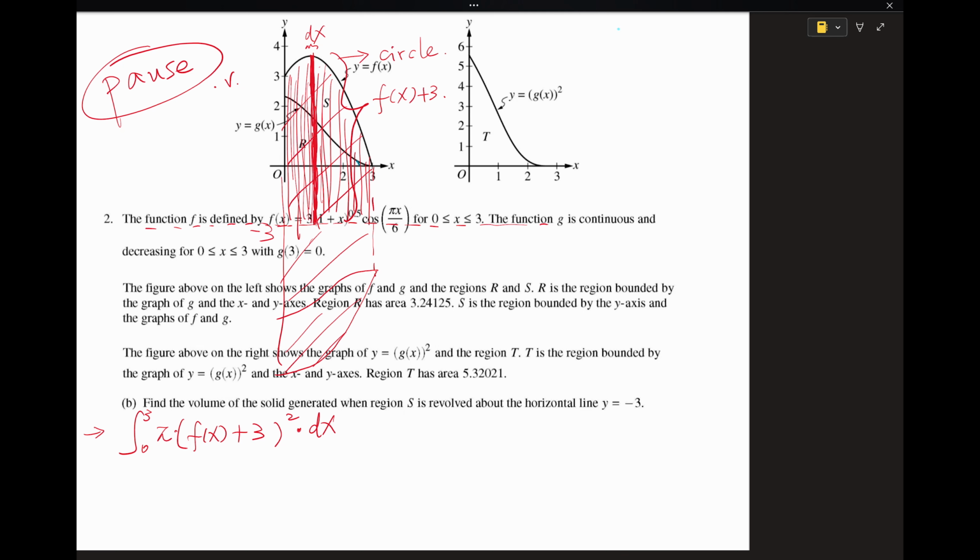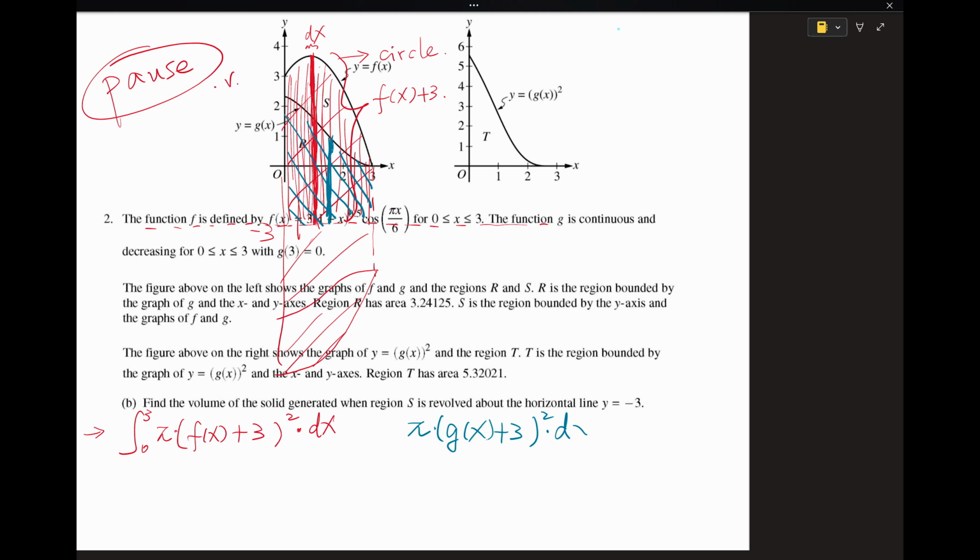So for the next part, we're going to focus on the blue region, which is revolved about the line y equals -3. Again, we just pick a slice and write down the expression of the volume of this slice to be pi times, this time the radius would be g(x) plus 3.